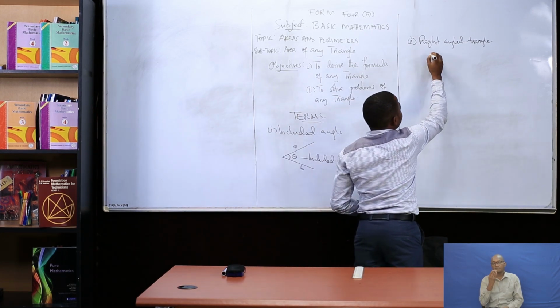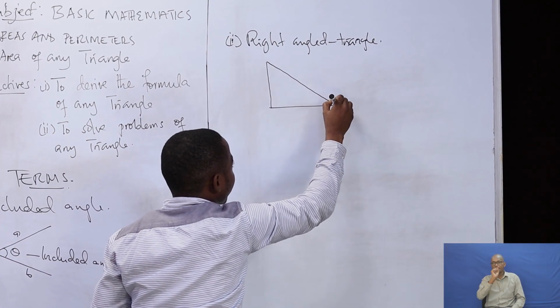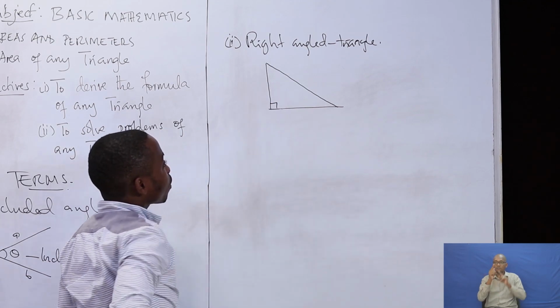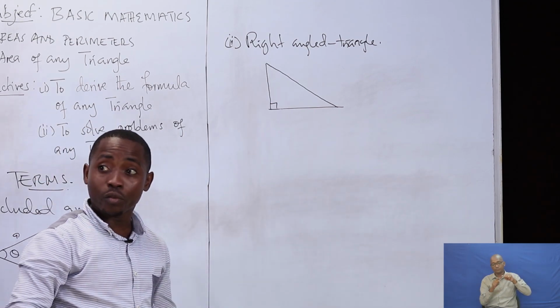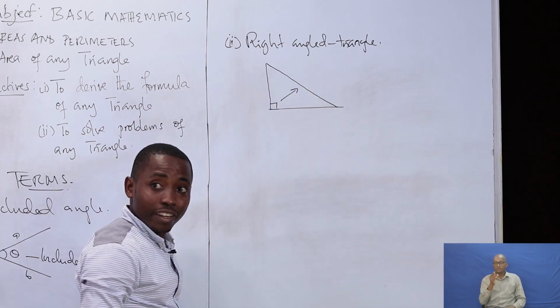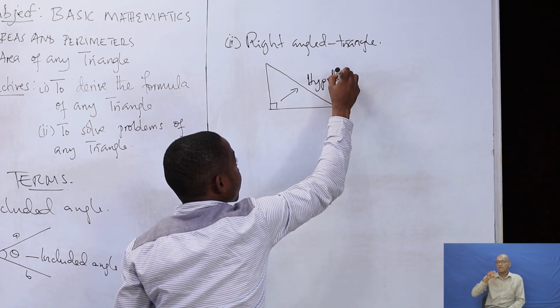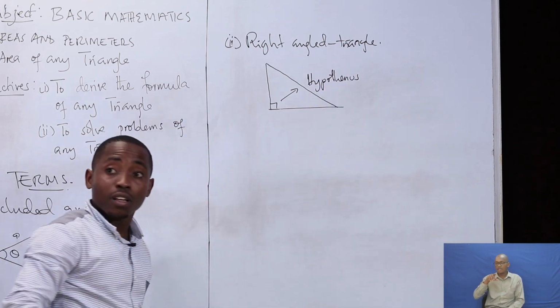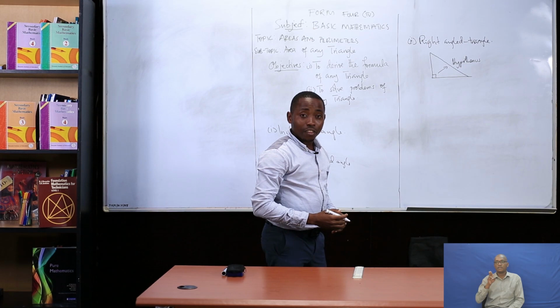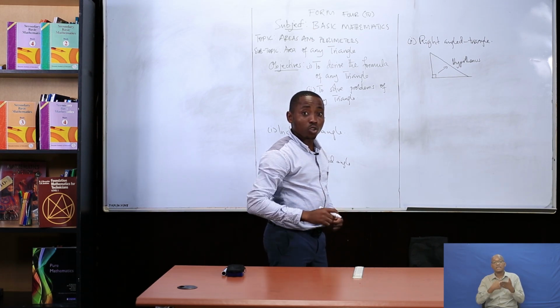So if we're talking about a right-angled triangle like this one, let's say, for example, this is our right-angled triangle. That is where we have our 90 degrees. Then the side that it faces is known as hypotenuse. And the other two legs are known by their names with respect to the angle that we're talking about.